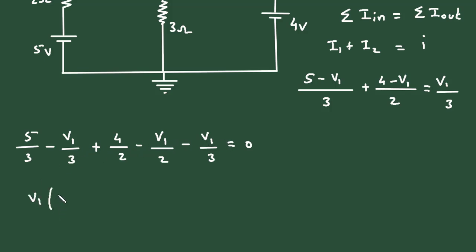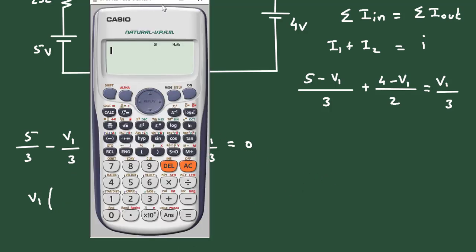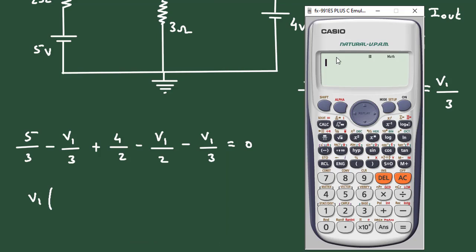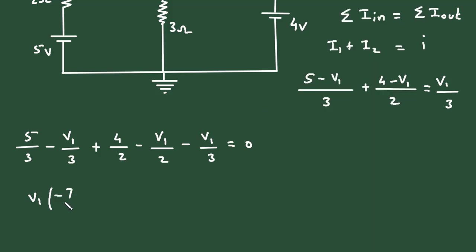So it will be V1 in bracket minus 1 by 3, minus 1 by 2, minus 1 by 3. So it is minus 7 divided by 6.